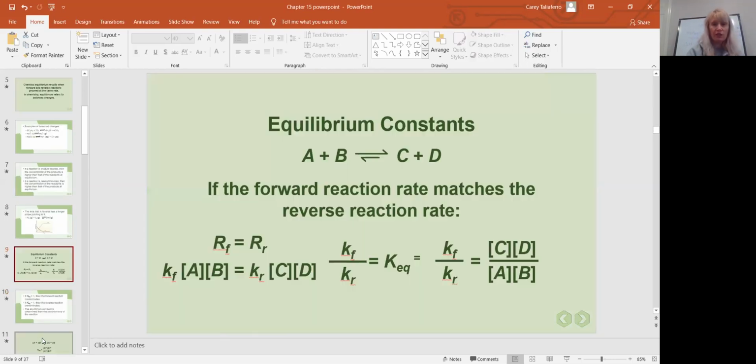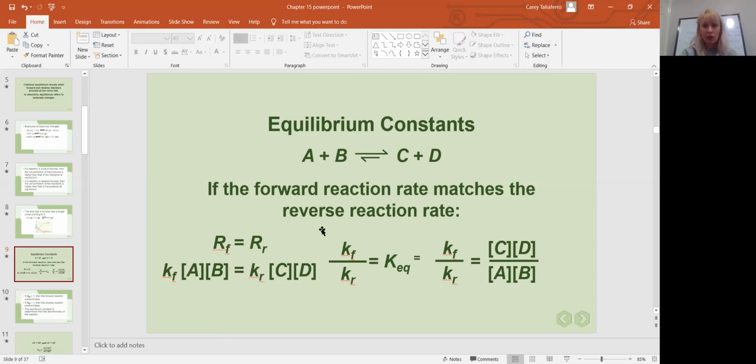So we're going to look at this in a generic way. We're going to look at something called an equilibrium constant. So just like we had constants with delta H and entropy and Gibbs free energy in chapter 13, there are also equilibrium constants that can either be found or have already been established.